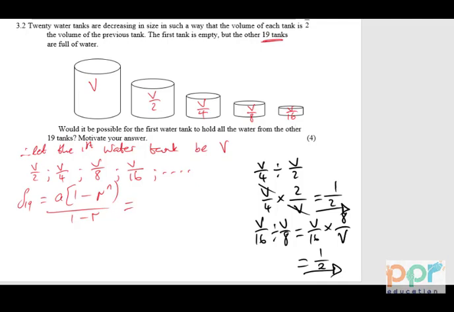Then a wakho nangu V over 2. We've got V over 2 times 1 minus r wakhona it's half, and then n is 19, all over 1 minus half.